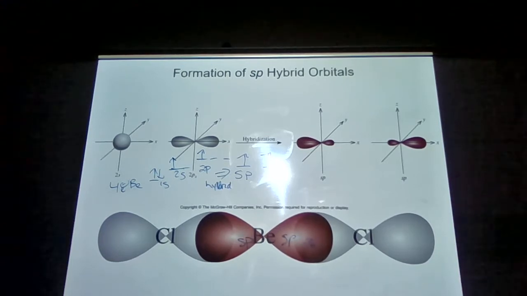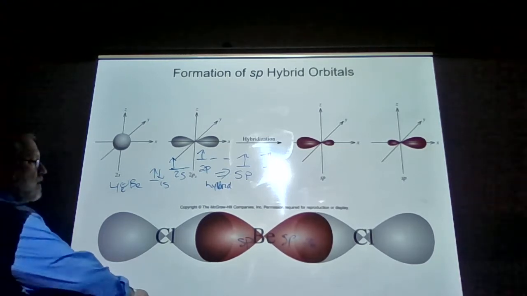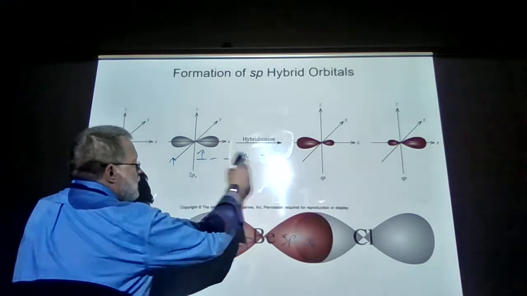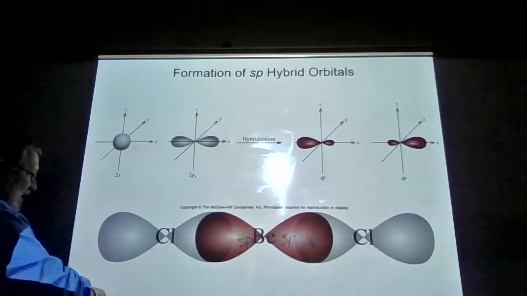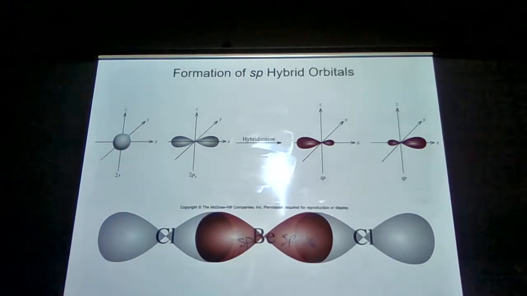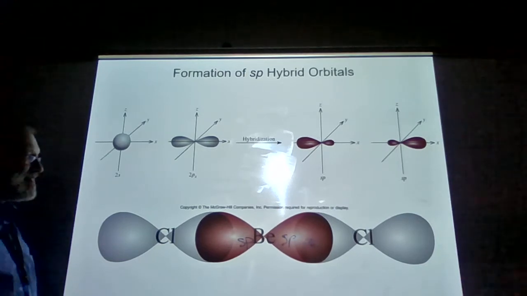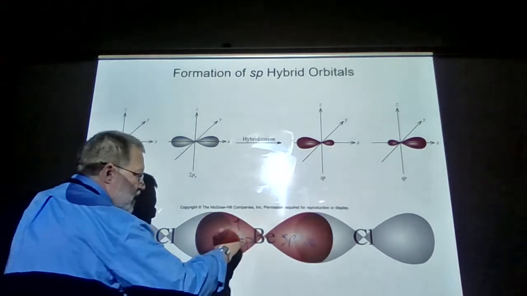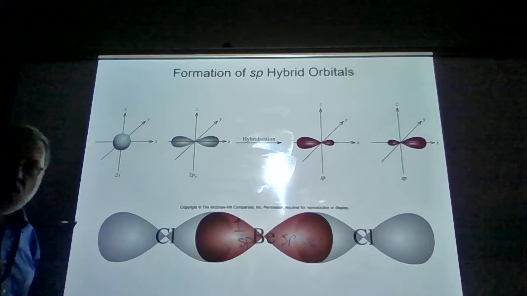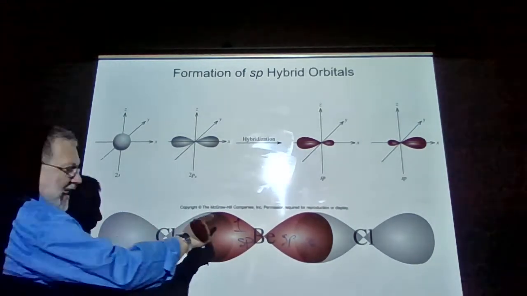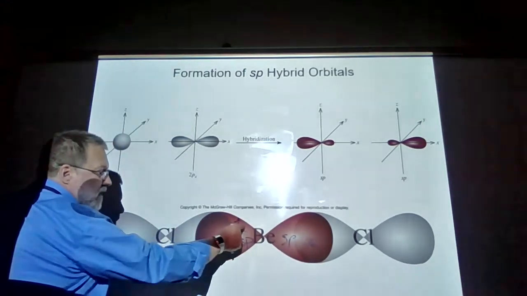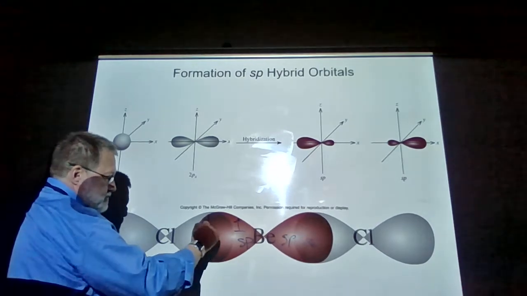For chlorine, how many valence electrons does chlorine have? 7. How many is it looking to gain? 1. So the 8th electron that this chlorine wants comes from the beryllium.